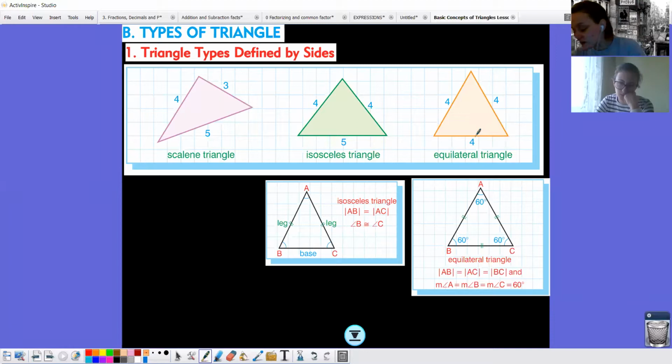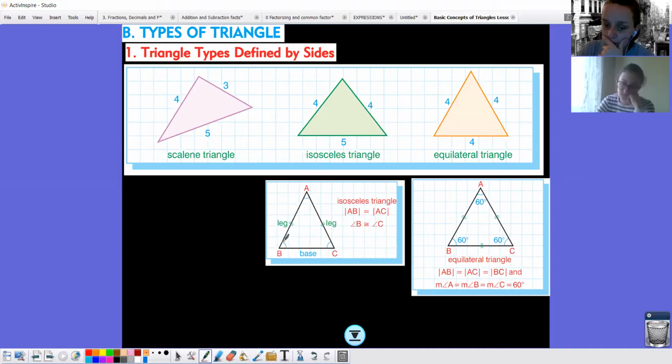So it is important to know the names, because in the question maybe the figure is not given, but it says that it is an isosceles triangle. So you will draw a triangle with 2 sides that are the same, yes? For example, what are the properties of an isosceles triangle? The 2 sides that are the same, we call them the legs of the isosceles triangle.